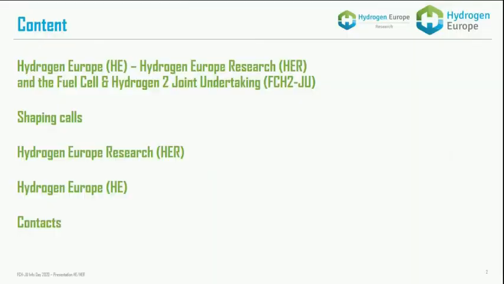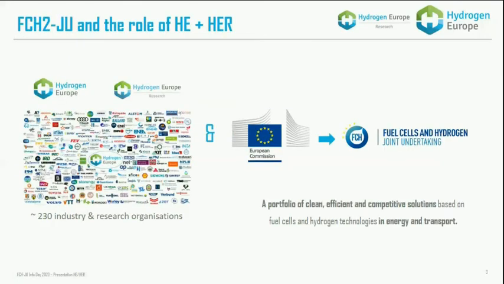Very briefly, we will remind what our role is within the SCHGU and how we shape it, and then a very brief presentation of both associations. I think it's been explained this morning already. So we are a joint undertaking, which is made of the European Commission, the public part, with the private part, Hydrogen Europe together with Hydrogen Europe Research.